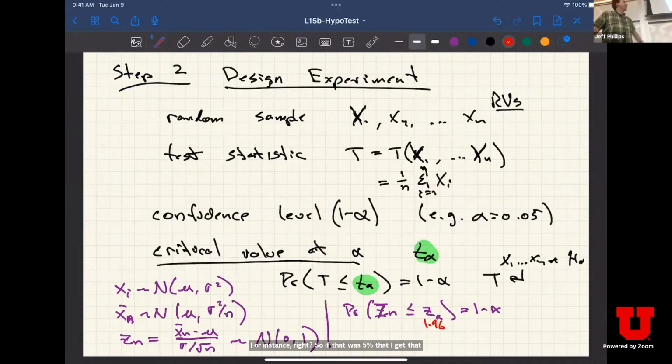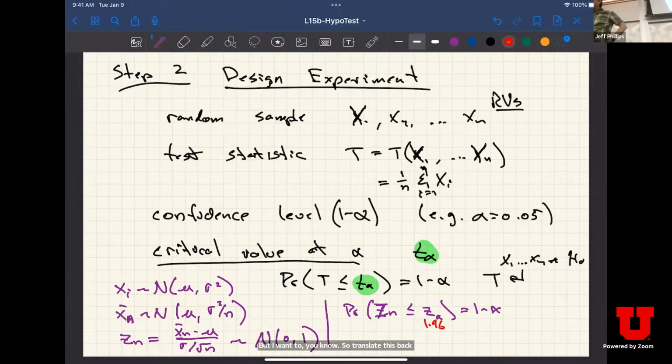But now I want to compare this to my test statistic, which was just the sample mean, because I knew mu and sigma. So I could make Zn my test statistic and then use this as the threshold, but I want to translate this back.